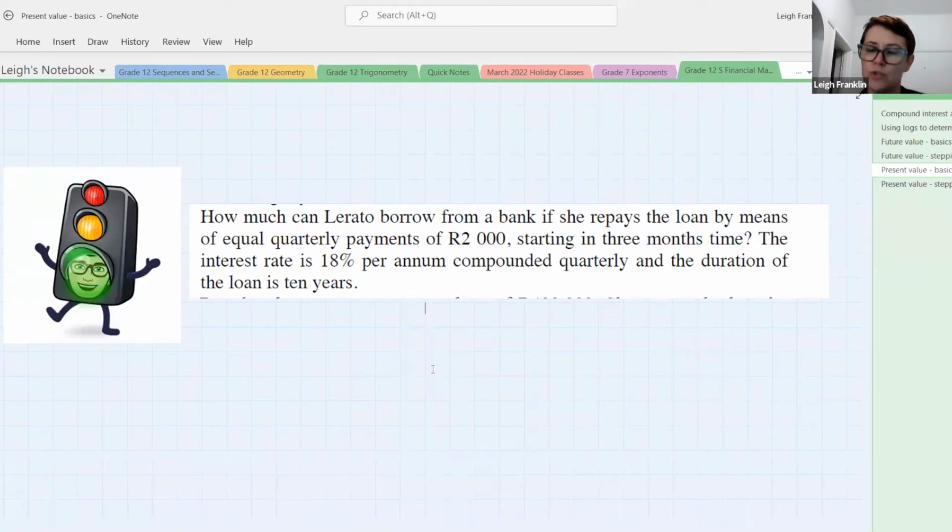So 1 quarter is 3 months. If you are repaying a loan in very unusual circumstances, let's say by means of half-yearly payments, then there would need to be a gap of 1 half year, so 6 months, from the time that the loan is granted to the time that you start repaying it. There's always got to be a gap of 1. As I say, 1 what depends on the story that the question comes with.